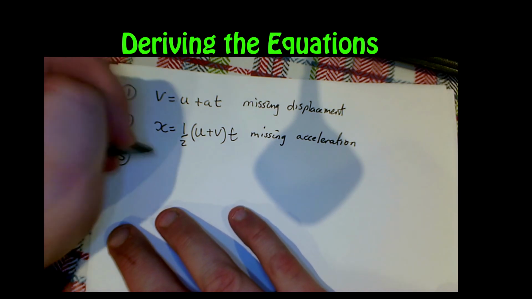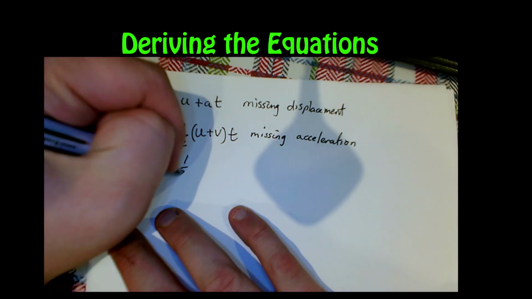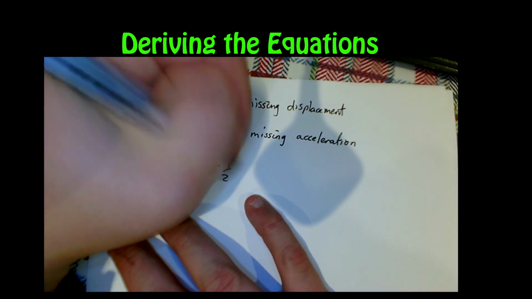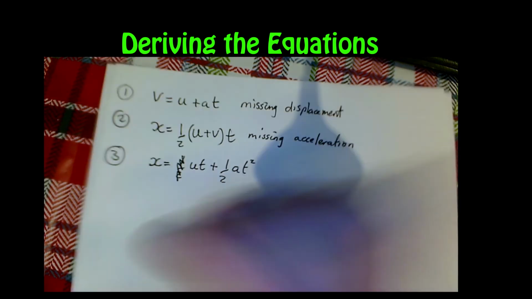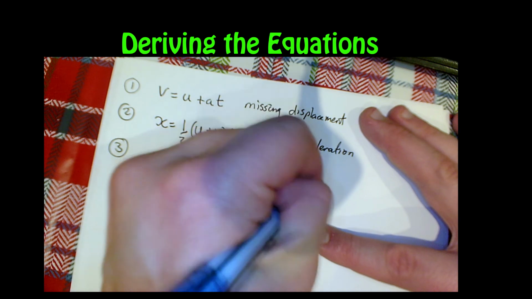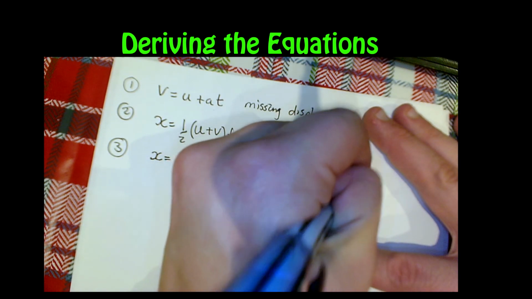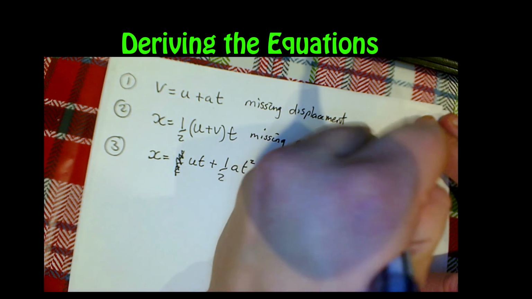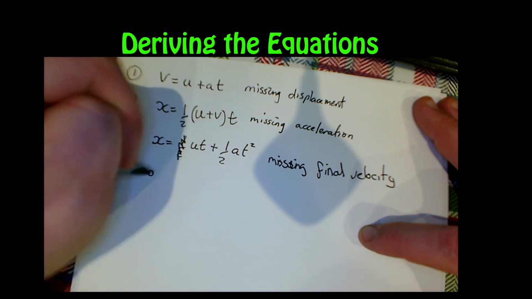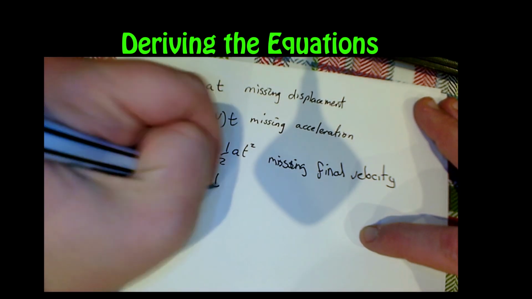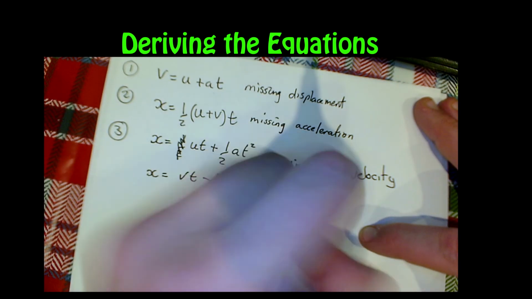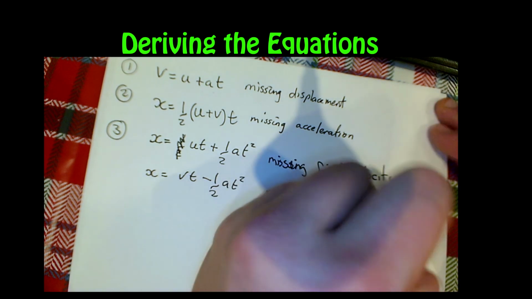Equation number 3, in the order that we did them, x equals ut plus a half at squared, and that's going to be missing final velocity. And then remember, we also had x equals vt minus a half at squared, and that's if we're missing initial velocity.